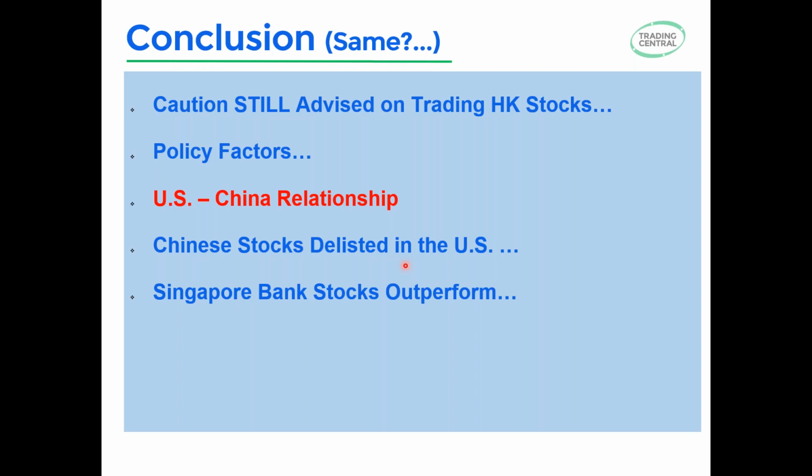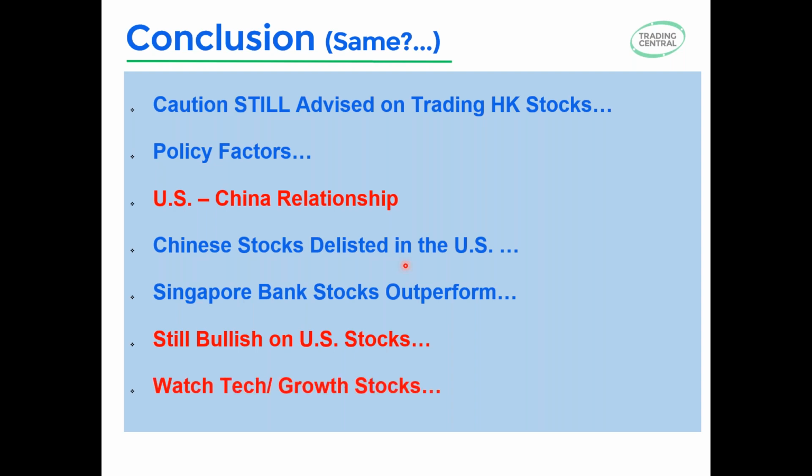Good sign. Maybe it is also a good sign for the Singapore economy, right? Still, I keep my stance, which I have used in all our previous webinars. We are still bullish on US stocks.